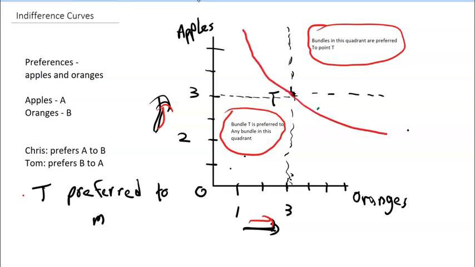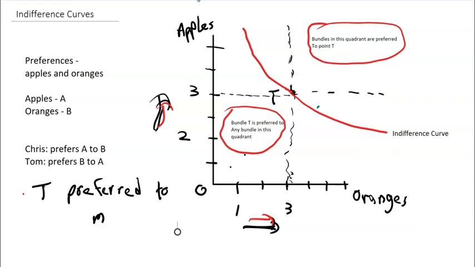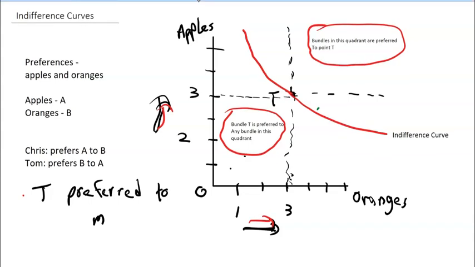And this line has a name. We call this line an indifference curve. As the name suggests, these points on the line are points where Chris is indifferent to the bundle.